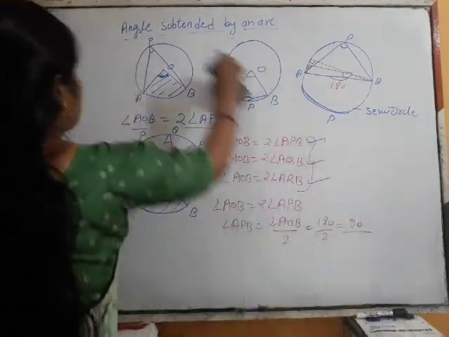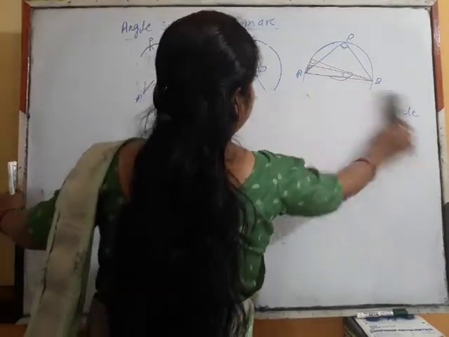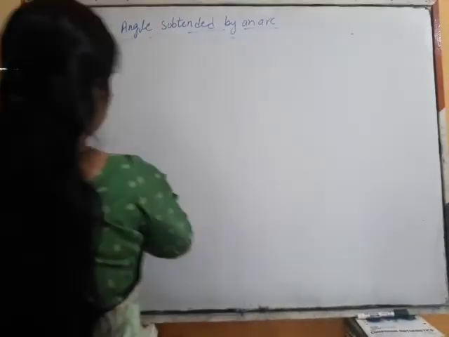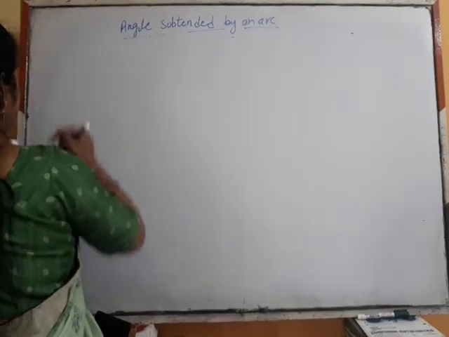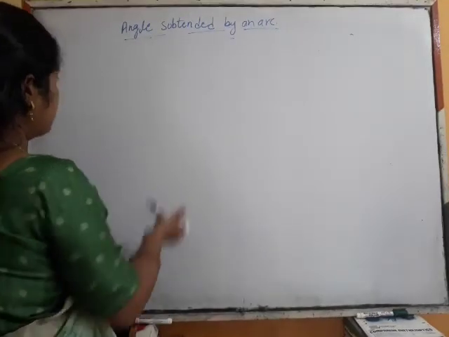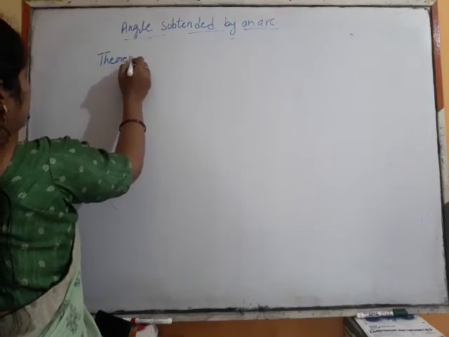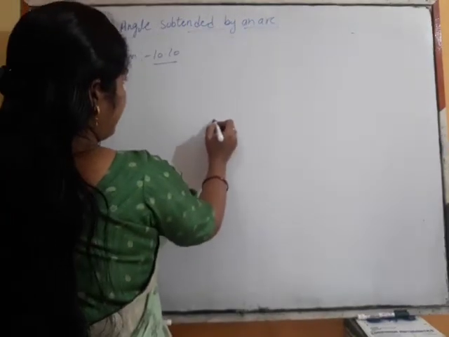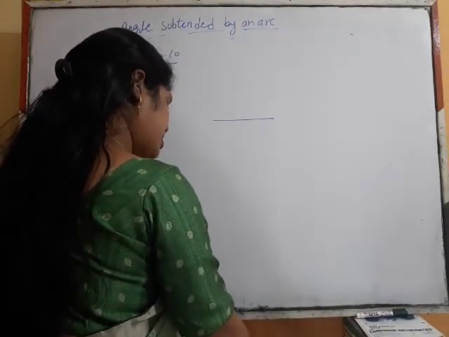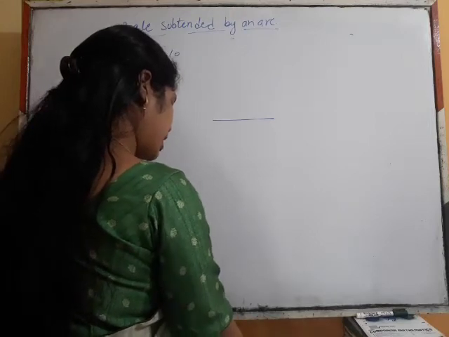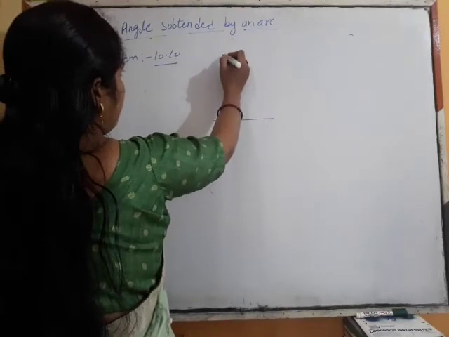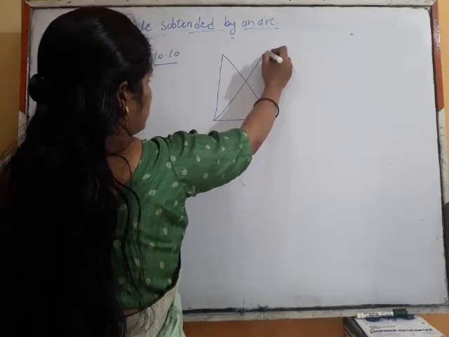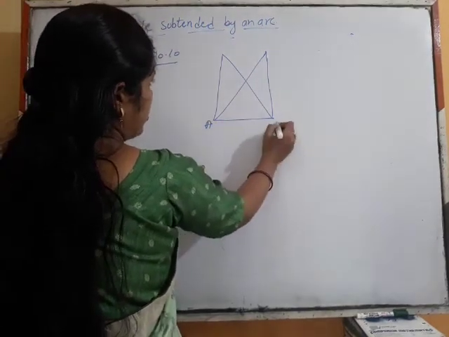Suppose these are two points, they are joined, and these are also points joined to both of these points.